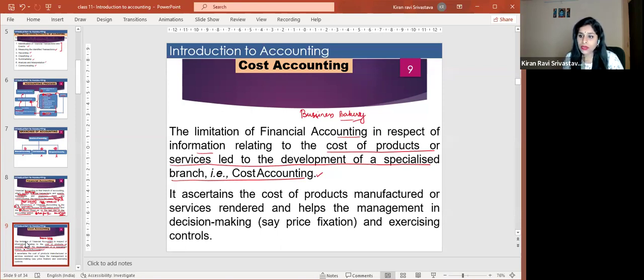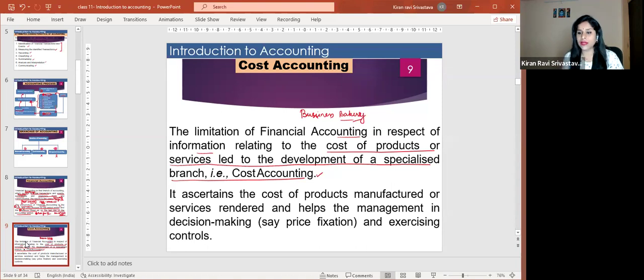So what about the costs I have incurred? That is why cost accounting is there. It's a special branch which talks about the cost of a product. If I'm selling a cake worth 100 rupees, to earn that 100 rupees revenue, how much cost have I incurred?